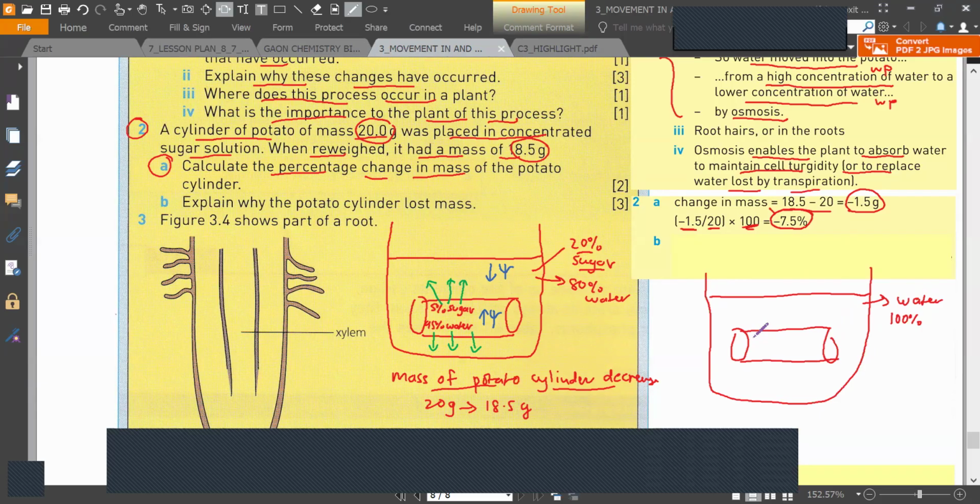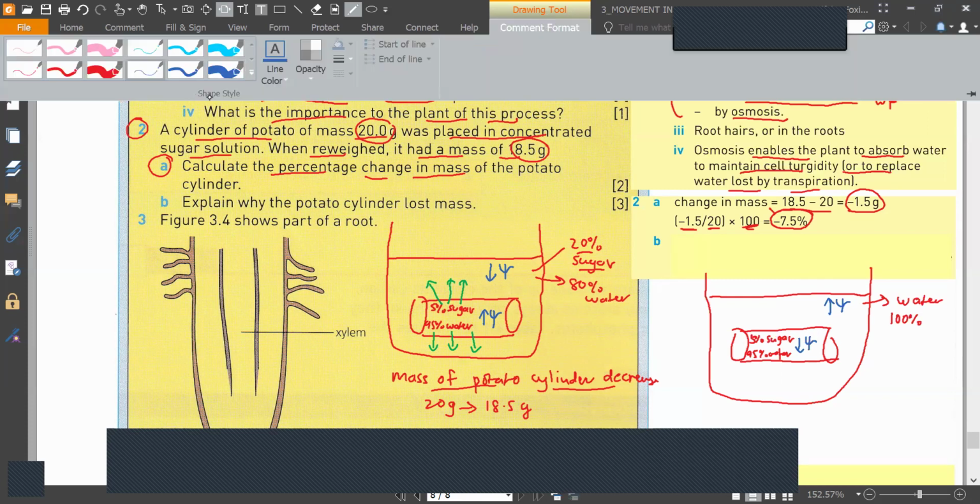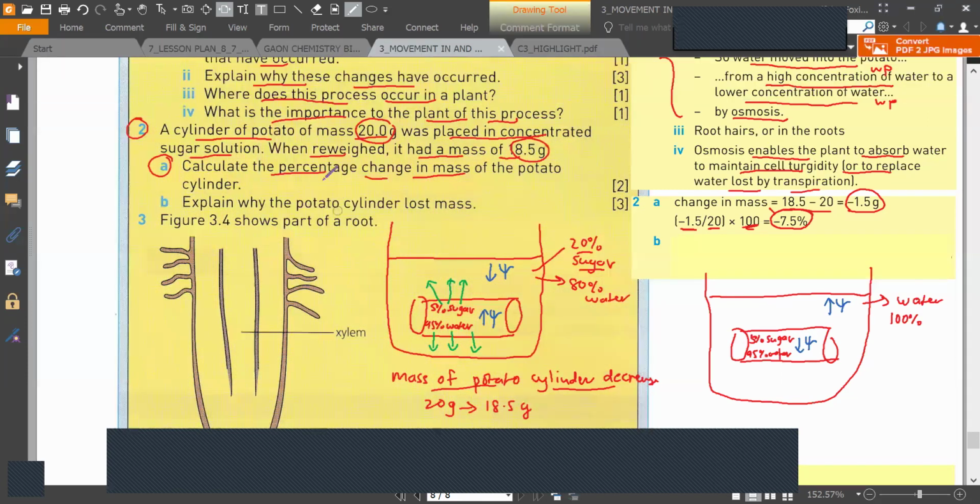And this one inside the potato cylinder is still 5% sugar and 95% water. So now straight away we can see that outside the water potential is high, inside the water potential is low. So what will actually happen in this case?